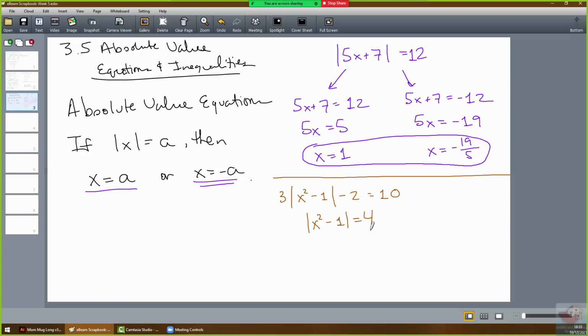So again, not really steps here. Step 1, isolate the absolute value. So now that you have absolute value equals number, break it up into 2 pieces and then solve each piece, please.